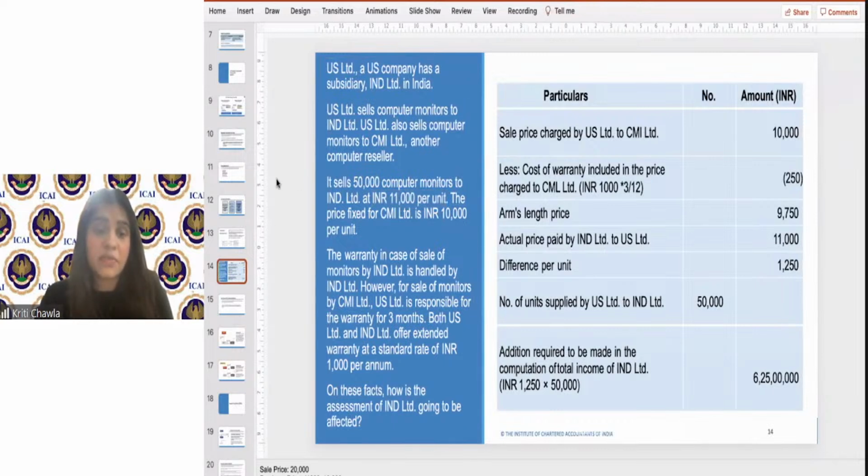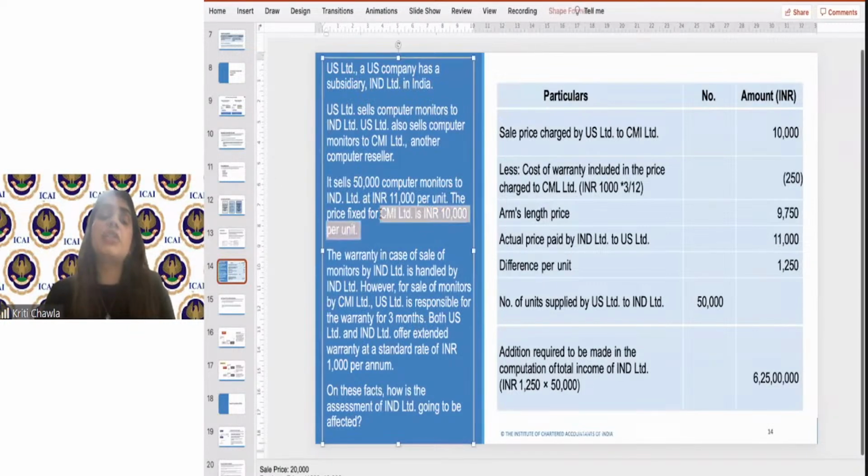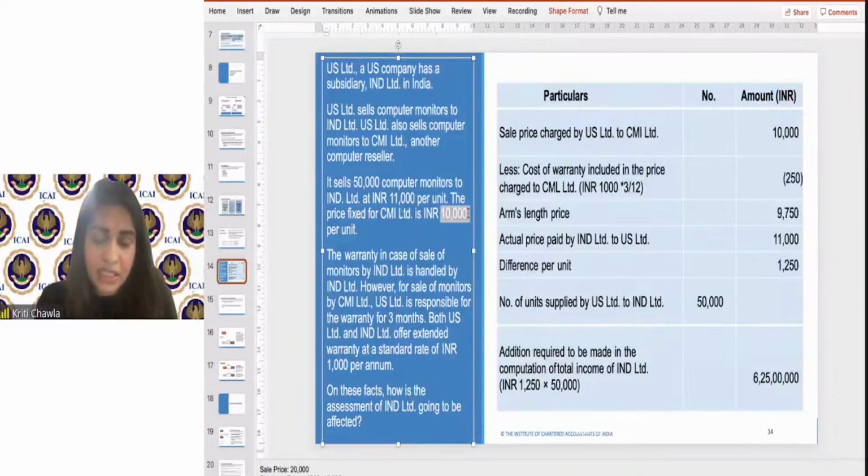Maybe that was the case. So in this particular situation, you can use CUP. How will you use CUP? You will use CUP by using CMI Limited, because they are also selling to another entity. They are selling the same computers, etc. So you can take 10,000 rupees as the ALP.